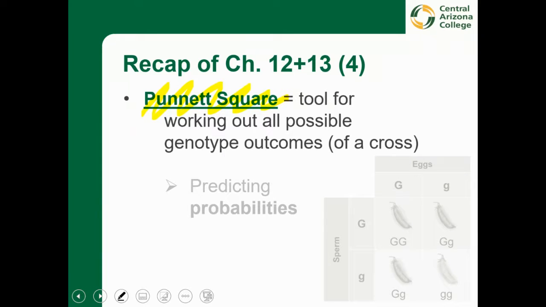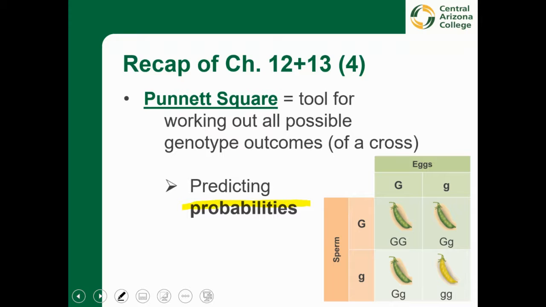So we're basically predicting what kind of offspring these two individuals can produce. And by predicting all possible outcomes of the offspring, we can then tell how likely it is that a particular type of offspring results.